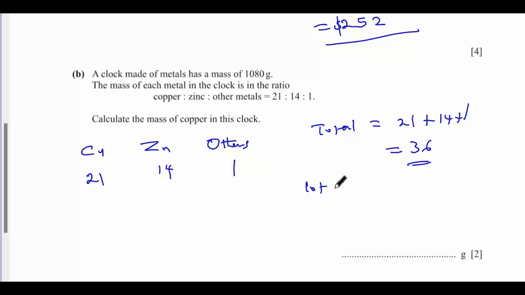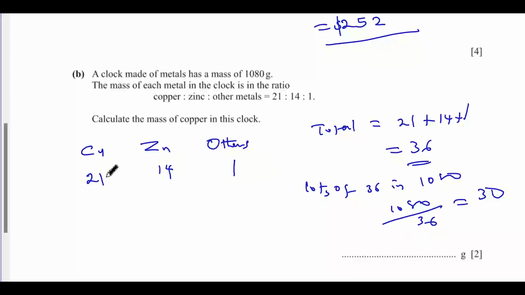That will be 1080 divided by 36. You can take your calculator and do that, and that will be 30.